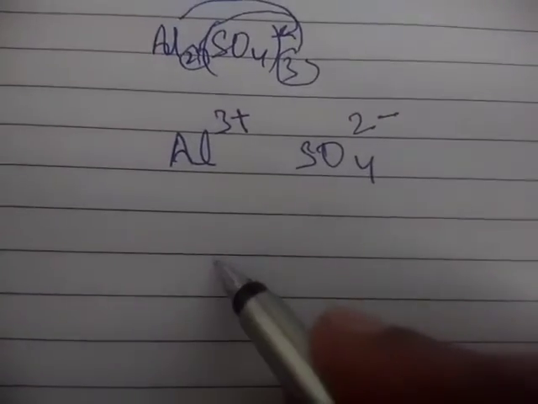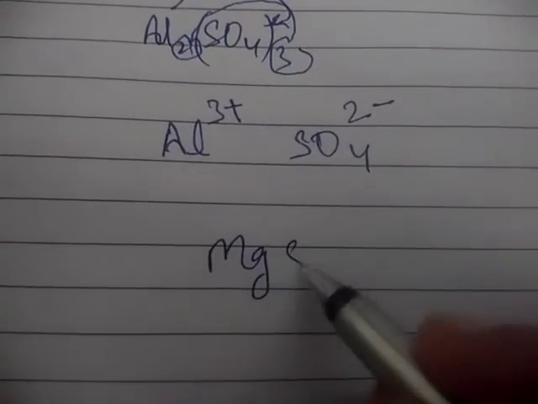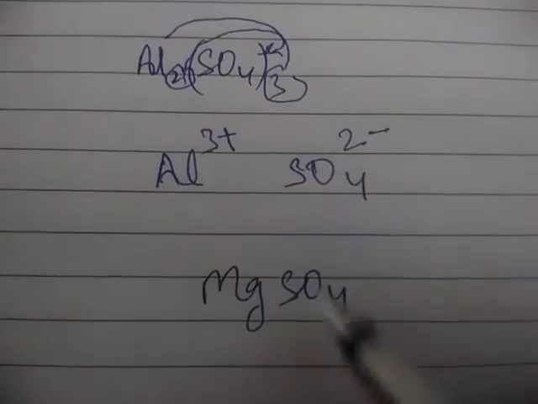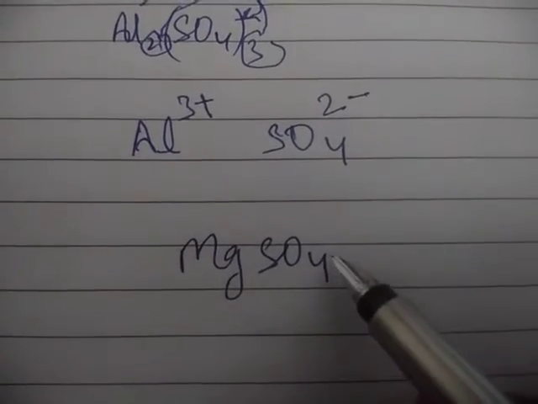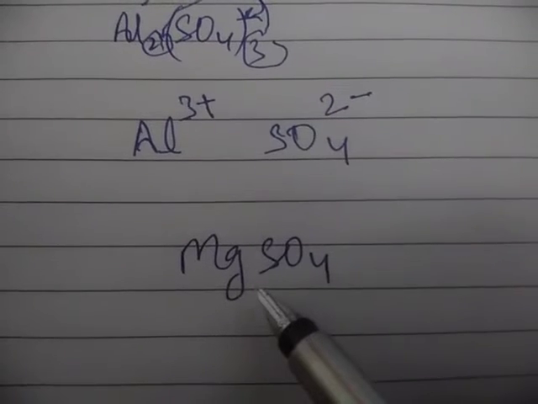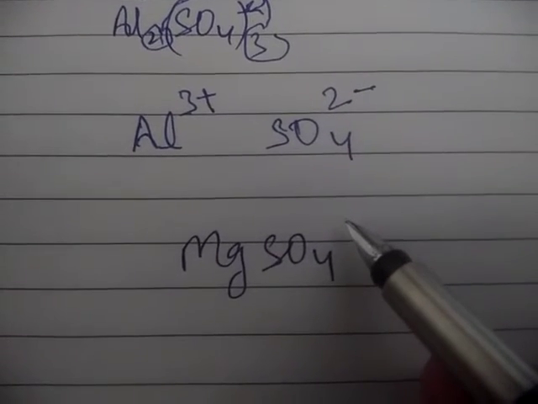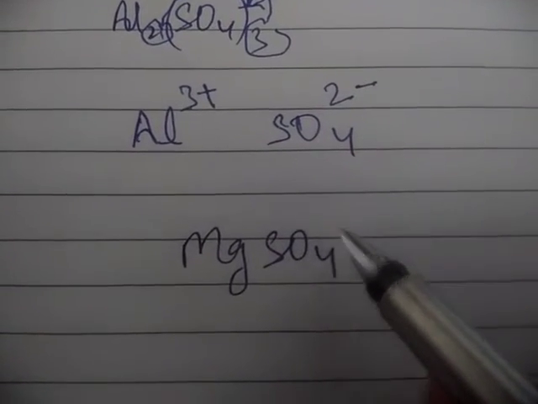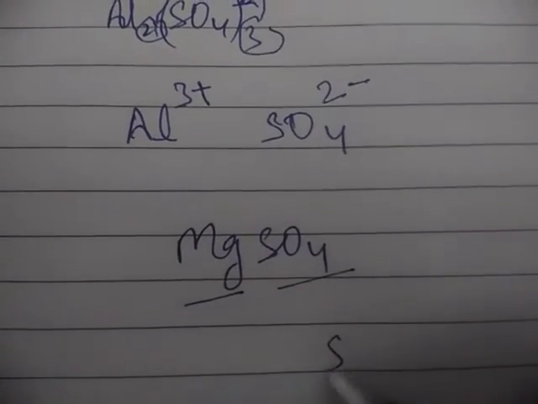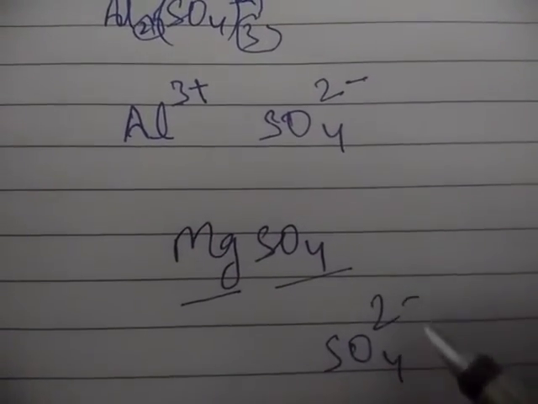But if I take the example of magnesium sulfate, now if we go by this rule, then you can see SO4 whole 1 is there, so it will become Mg1, 1 atom of magnesium, and SO4 with only a single minus. But we know that it is magnesium sulfate, and sulfate always has a charge of 2 minus.